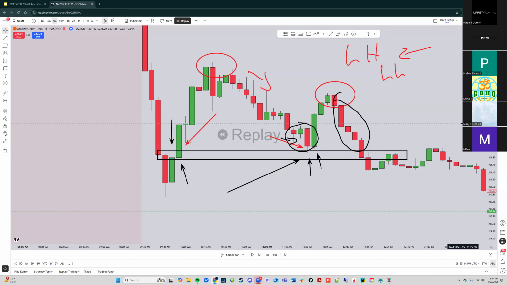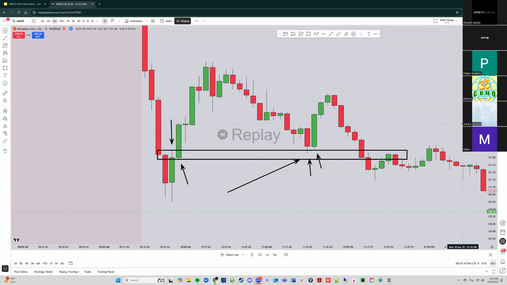Let's take a look at what happened over here. Let me erase all of this. Follow me here: a big candle, a little bit smaller candle, an even smaller candle. What does that tell you? That buyers are slowly not stopping to come; we don't have as many buyers coming in.